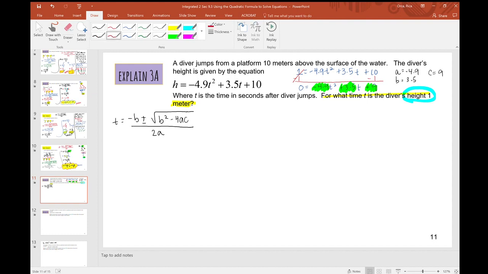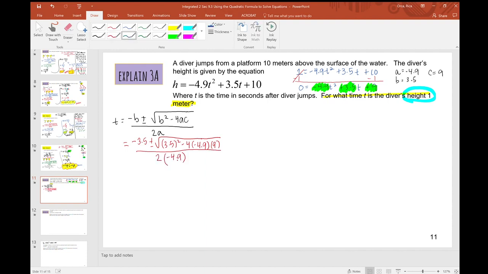Now let's take those values and plug them into our quadratic formula. So it's negative 3.5 plus or minus the square root of 3.5 squared minus 4 times a, which is negative 4.9, times c, which is 9, all over 2 times negative 4.9.